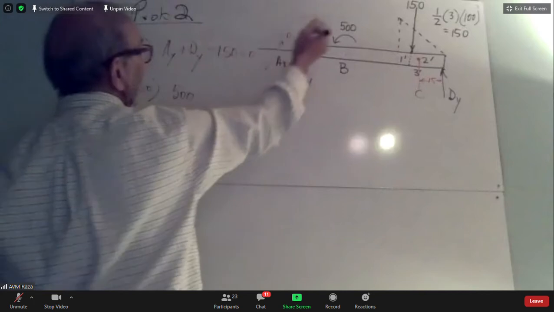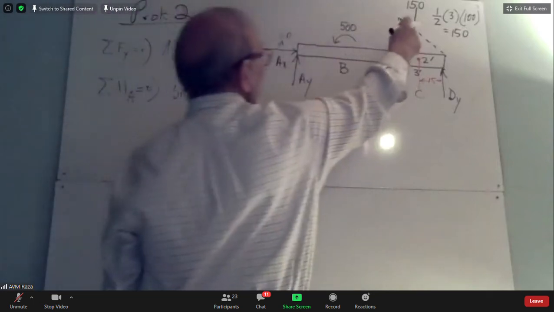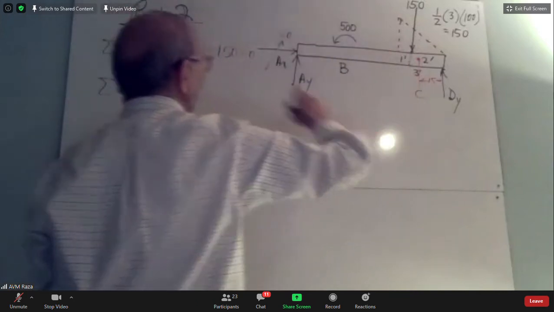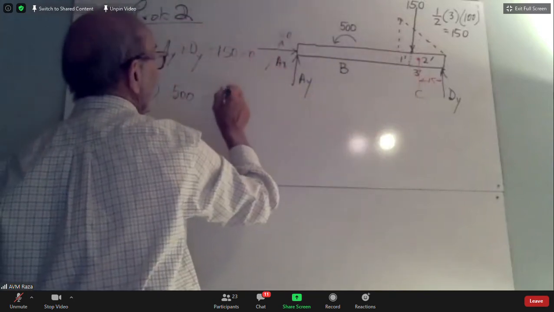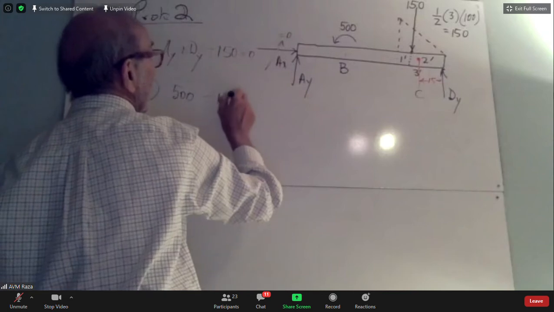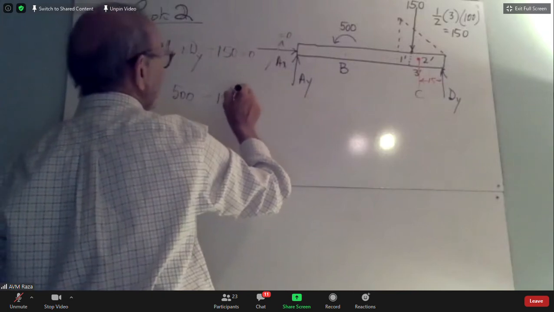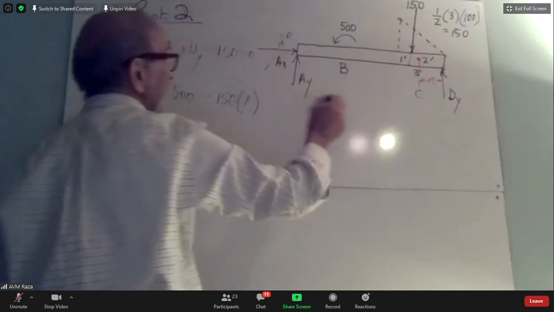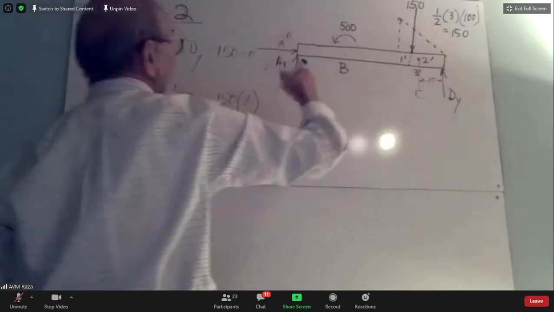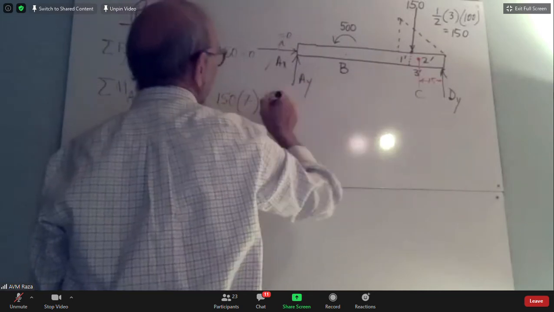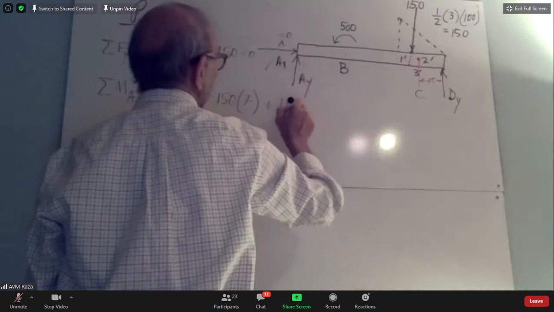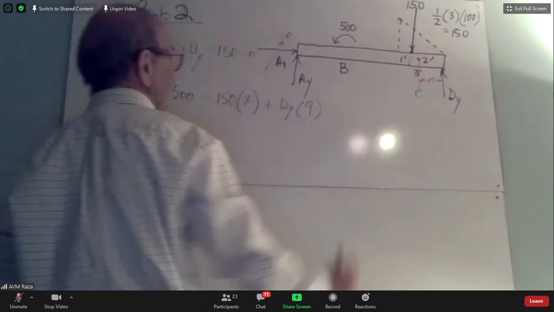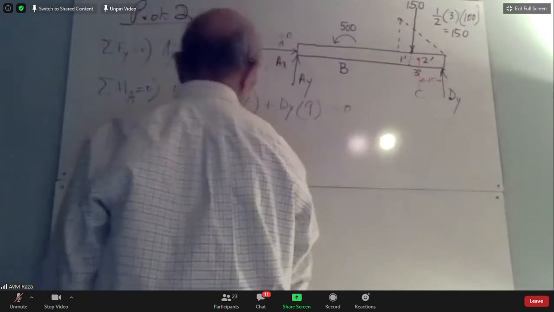So this 500 was positive. What about this one? At A, it will be clockwise, so negative: minus 150 times 7. And then DY will have a positive moment, so plus DY times the moment arm, 9, all the way, equal to 0.